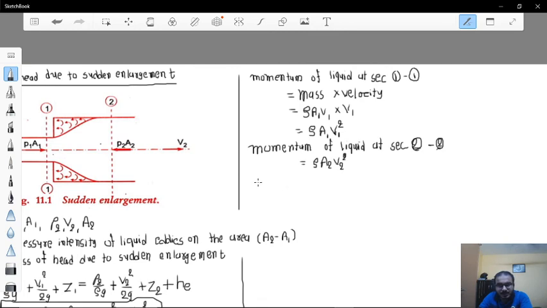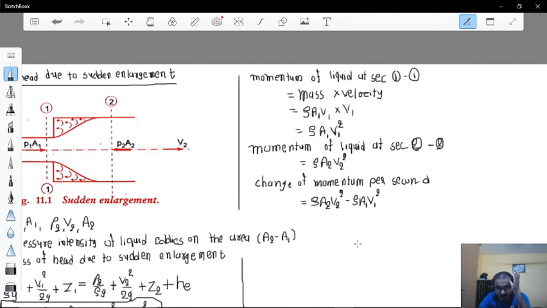So the change of momentum per second is equal to rho A2 V2 square minus rho A1 V1 square.